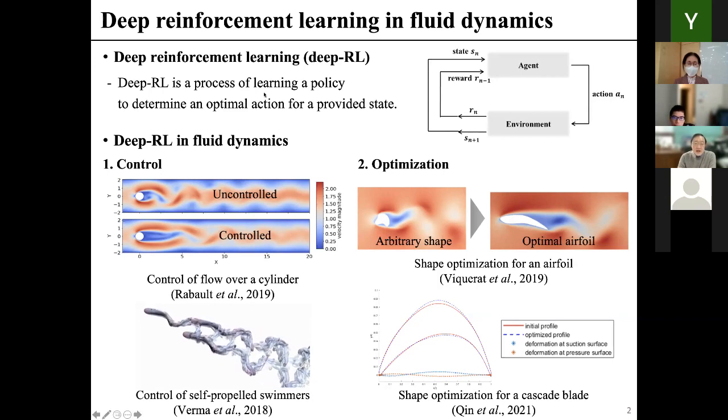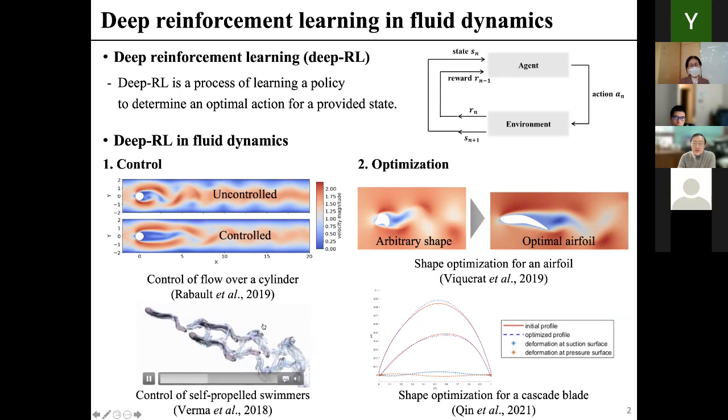And these techniques are basically not new, and many previous studies explored the utility of this technique. For example, the separation control over a bluff body, or control over swimmers to have efficient schooling. And also some people use this technique for shape optimization, especially for designing aerodynamic shapes.